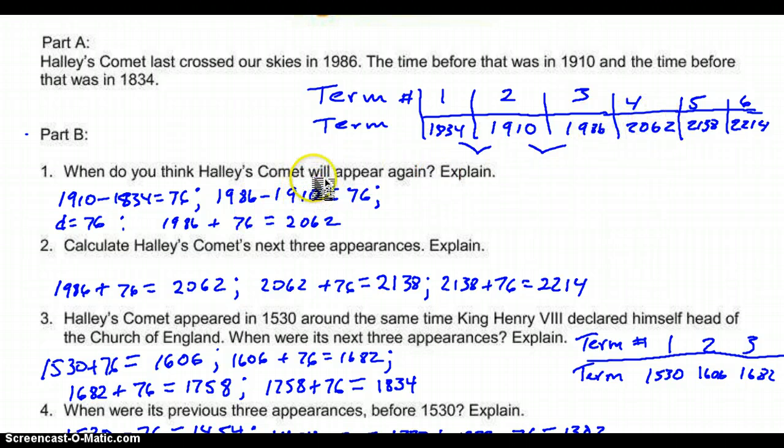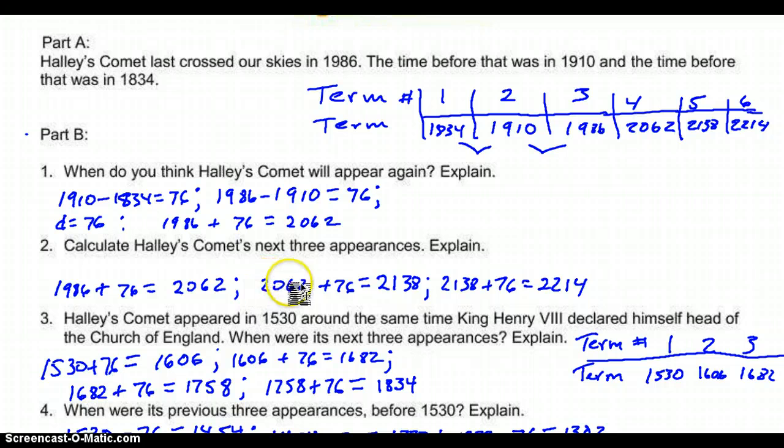Now it asks, what are the next 3 appearances, and explain. Since we have a common difference of 76, we just add 76 to 1986, and we get term 4, which is a sub 4, which is 2062.